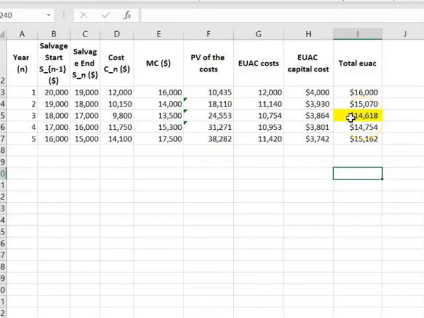It means that we should compare this number with the Challenger's minimum EUAC. Please remember, you have already done everything. We didn't apply any new formula or function.